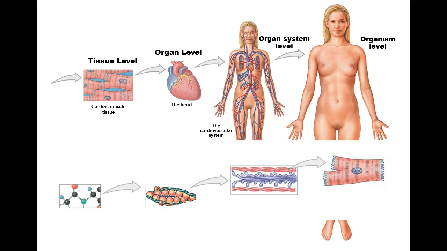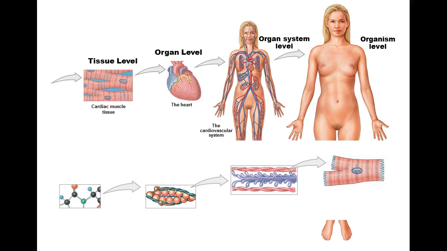Actually, I got a little bit ahead of myself, because when we think of tissue, we think of one type of cell working together. I'm sorry. Tissue is just one type of cell working together to perform a higher function than it can do by itself. But tissues get together to form organs.